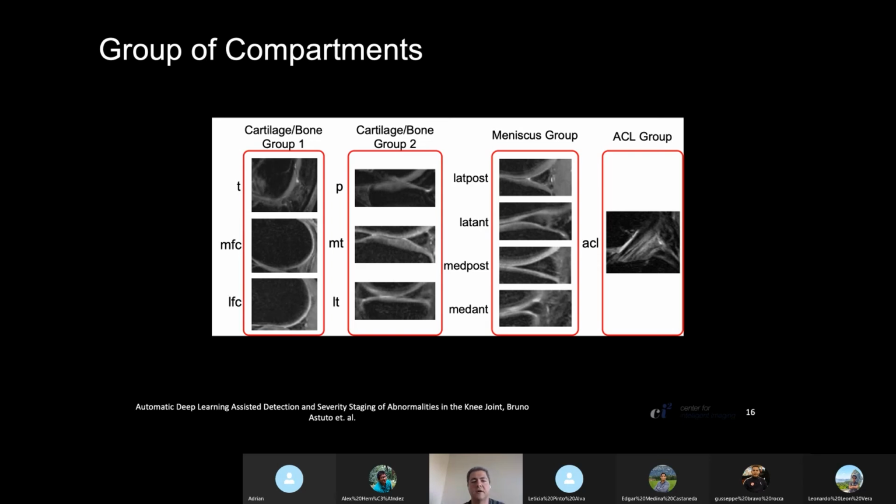So I took advantage of the fact that the cartilage of the tibia was something like this. I got the patella and I did like this with the patella, and I fooled the model to think that they were all the same structure.